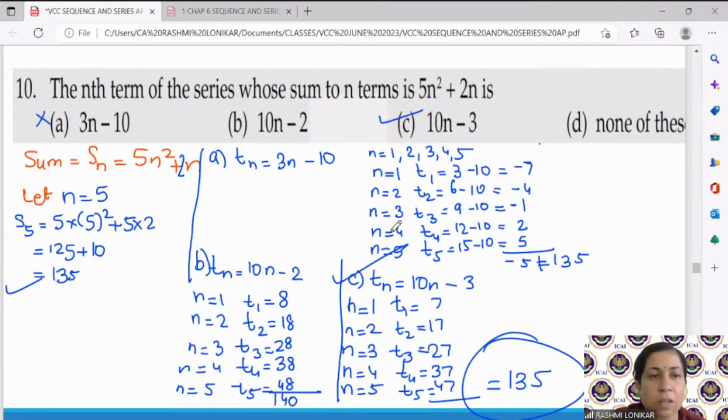Manish, see, Sn, the sum of the series, is given by 5n square plus 2n. Oh, yes, yes, correct, 2n. Yes, I have taken it, right?